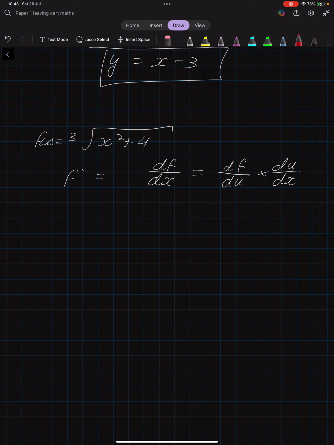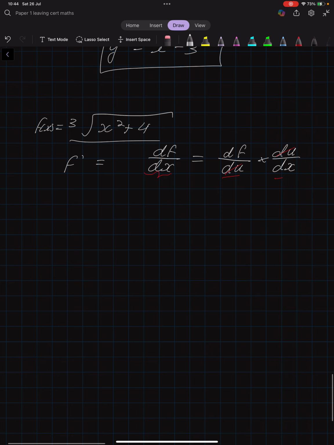Why are these the same thing? Because I can get rid of these du's. Okay? So these two things are the same thing. What this is saying is I can split this into two separate derivatives and then just multiply them by each other. Because if I ask you right now to differentiate this, you might say, oh, I have no idea how to do that.